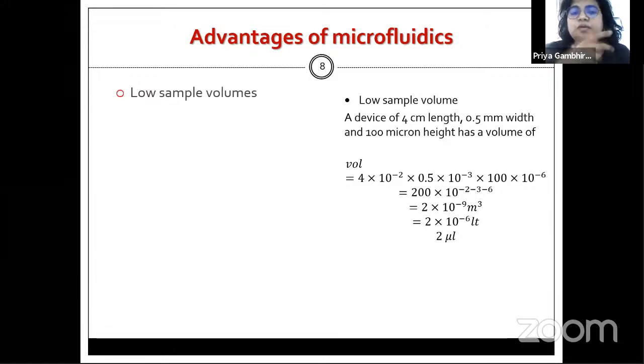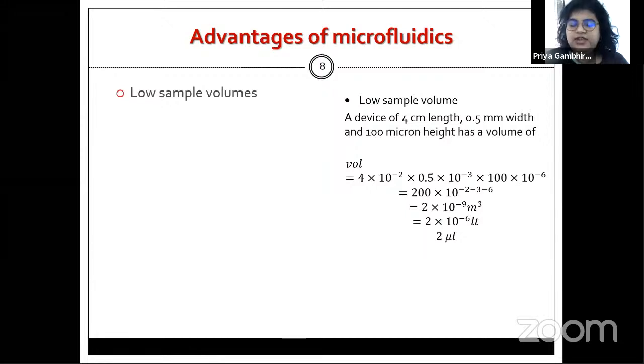So to avoid these kinds of problems, people have moved towards microfluidics. If you look at this tiny calculation that I put up, in a very typical microfluidic device, here only one dimension is in the micron size. The length of the channel is 4 centimeter, which is quite large, and the width is 0.5 mm, so it's still in micrometers, whereas the height of the channel I've brought to 100 microns.